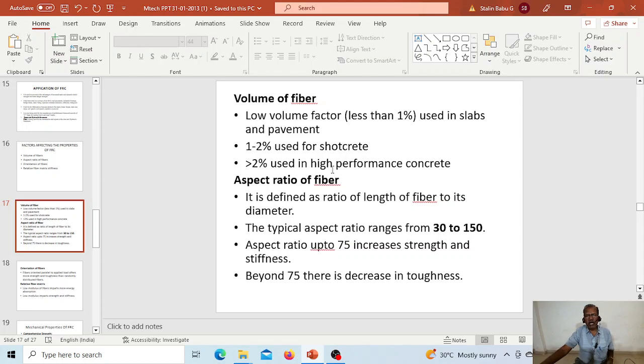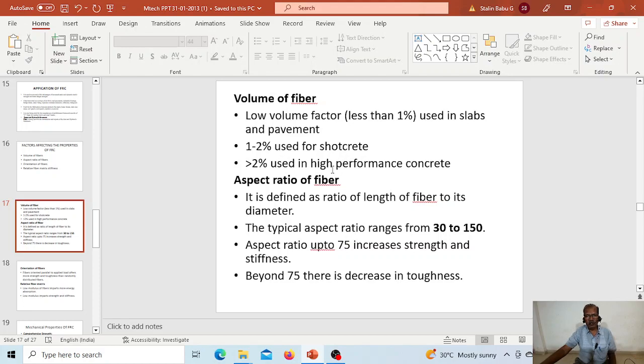More than 2% is used in high performance concrete. High performance means more than M40. For more than M40, we use more than 2% volume of fiber, which gives high performance concrete.